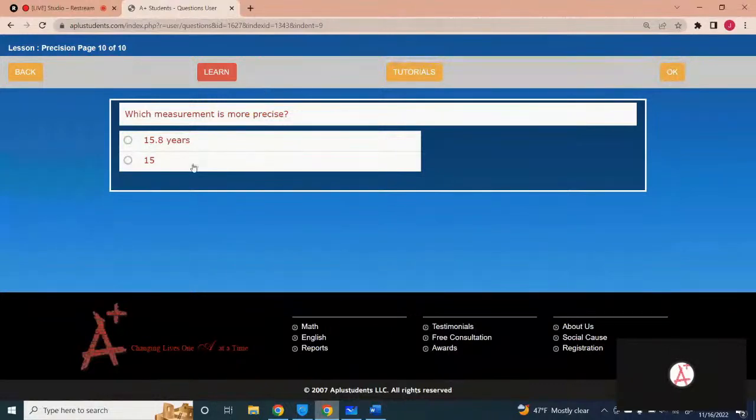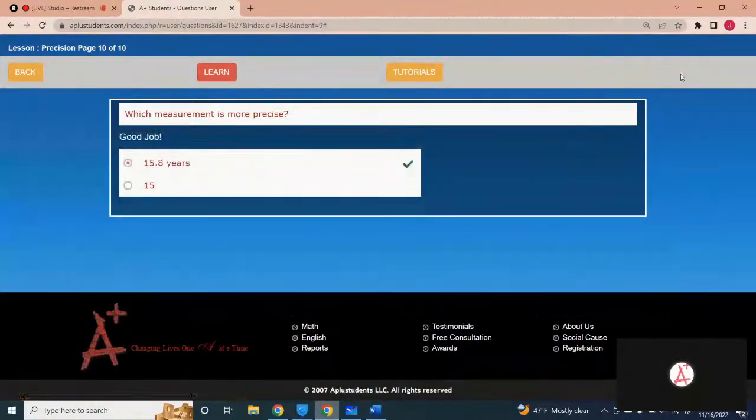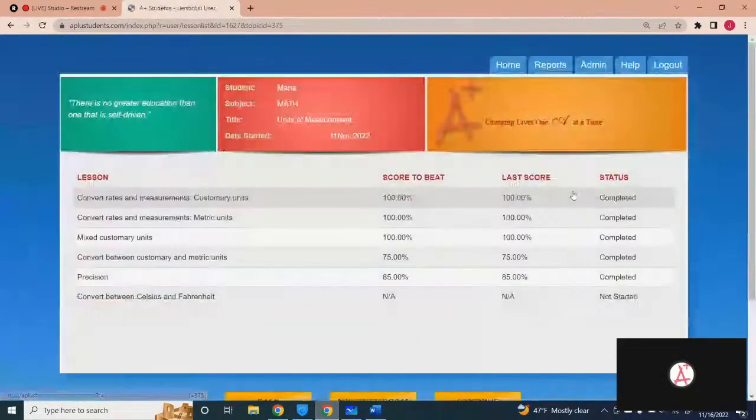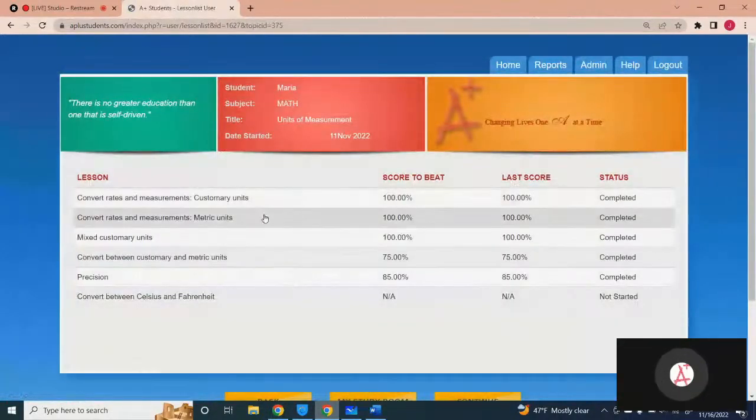Got it. Okay, so we have done with the test. So we have covered four of the topics today from the chapter units of measurement. They are convert rates and measurements, metric units, customary units, convert between customary and metric units, and then precision.